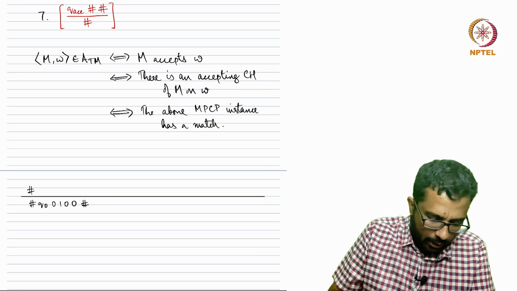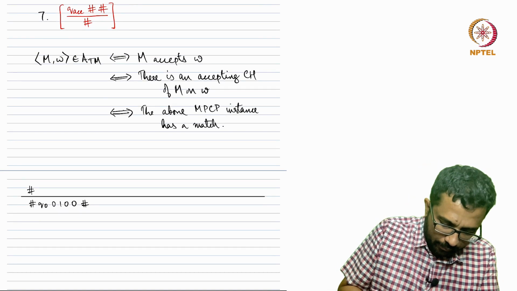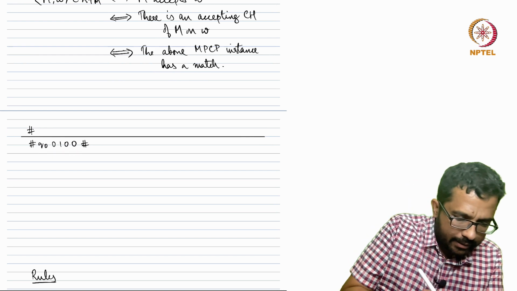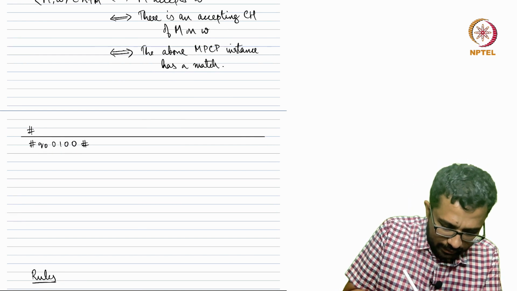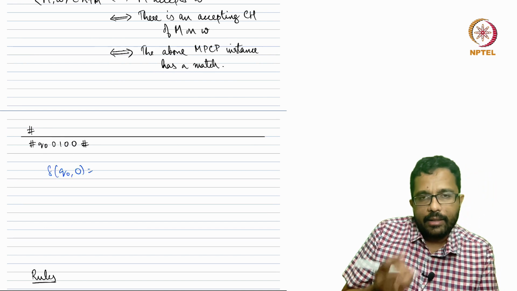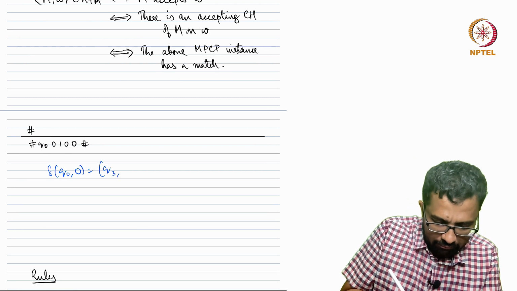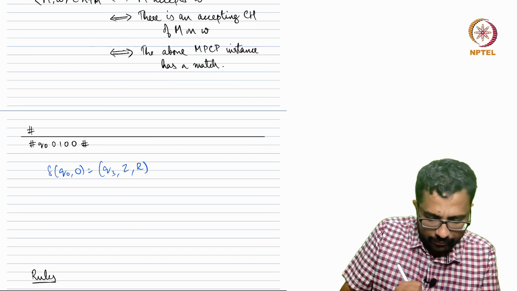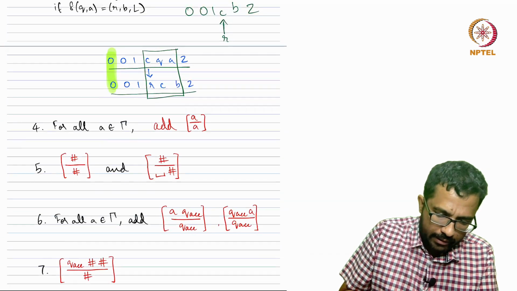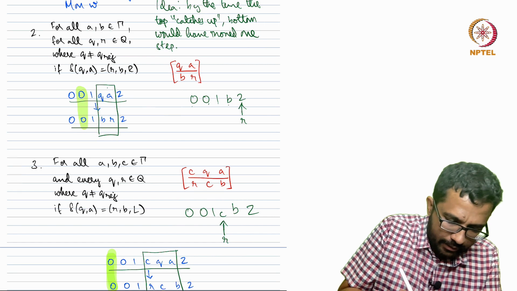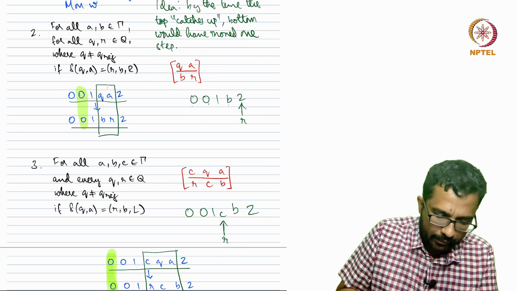Now here, Q0 is seeing 0. So let us define some rule. Let's say the rule was delta of Q0, 0, so it is in state Q0 reading 0, goes to, let's say, Q3, 2, right. Q3, 2, right means that we should have this rule acting up.